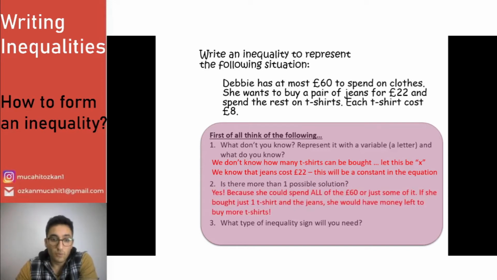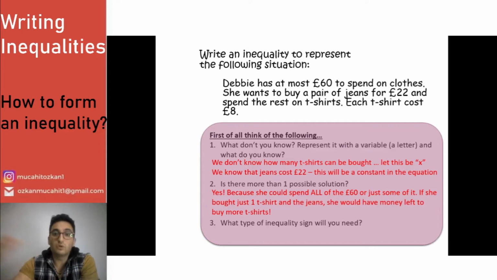And what type of inequality sign will you need? To decide it, we need to read the question carefully and understand what it says. We have at most 60 pounds to spend. At most. So this is the highest amount of money that I can spend. I cannot spend more than 60. I don't have 61 pounds.